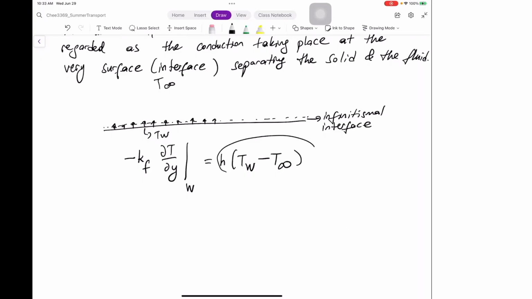This is just an approximation. So if you know T wall and T infinity, the question is what is the Q? This term on the left-hand side relates to whatever is happening in this region, and we claim that whatever is conducted at that very tiny, thin, infinitesimal interface is the amount of heat which is actually being lost.